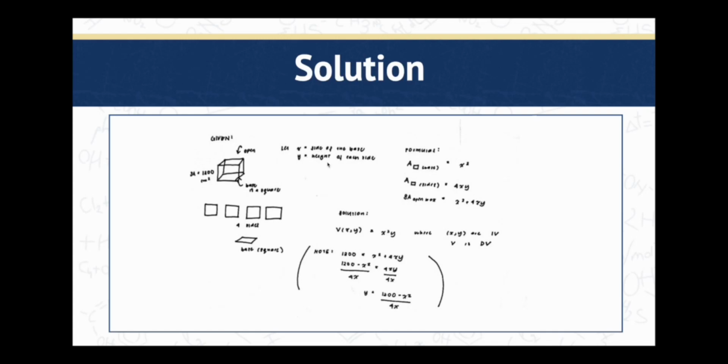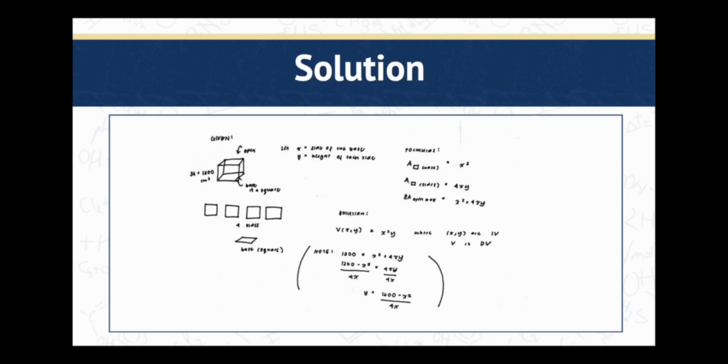So the area of each side will be xy, and since we have 4 sides in total, it will be 4xy. We were given the surface area. The surface area is basically the sum of all areas.